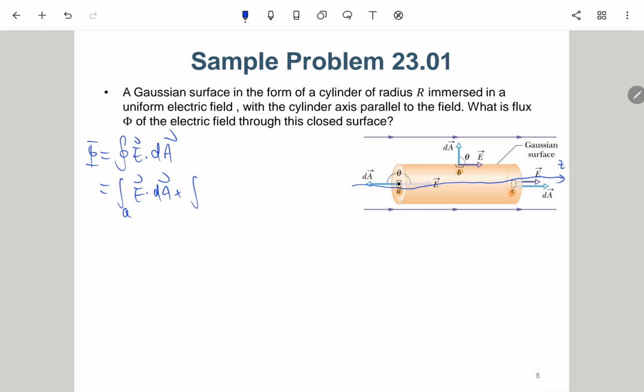For A, it is just a circle, so I don't draw a circle here. Then B, the integral of E dot dA, plus C, the integral of E dot dA. So we just separate this surface into part A, part B, and part C, and we write it as A, B, C here.